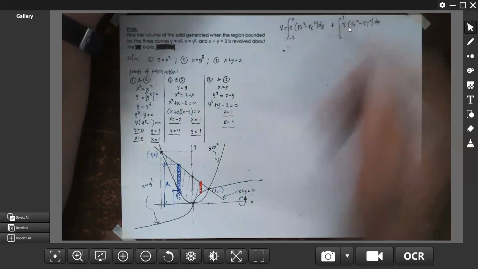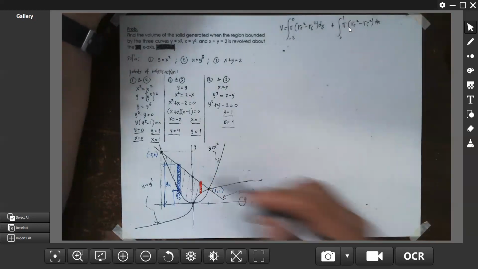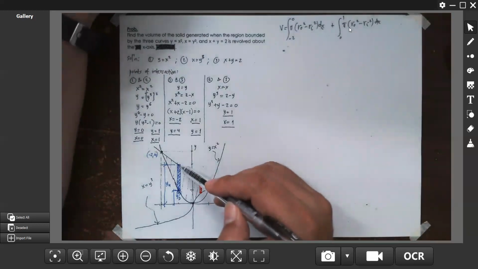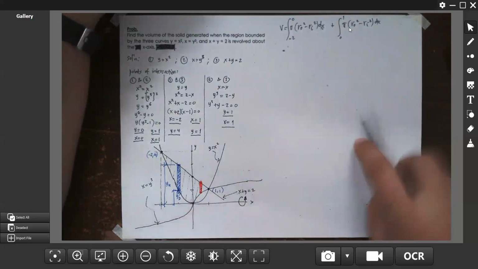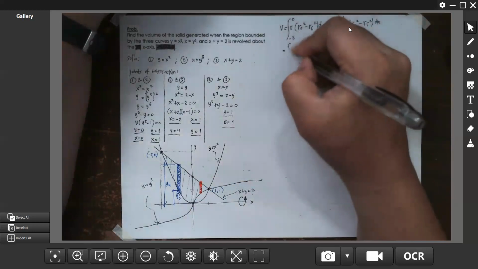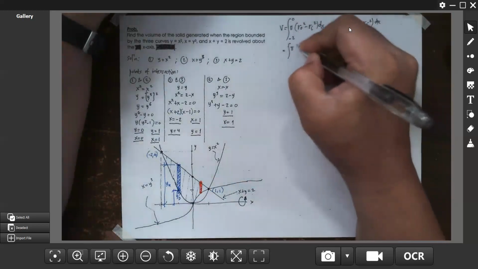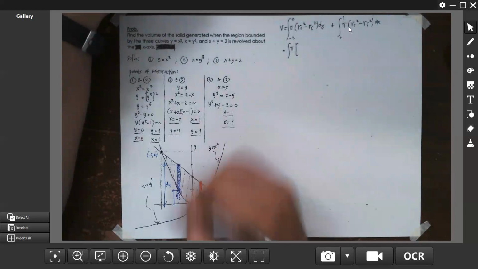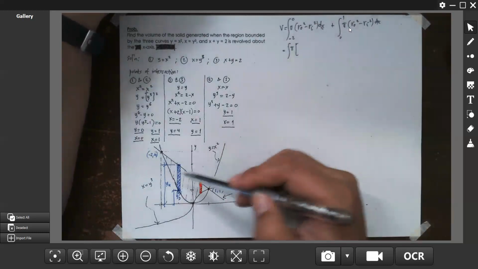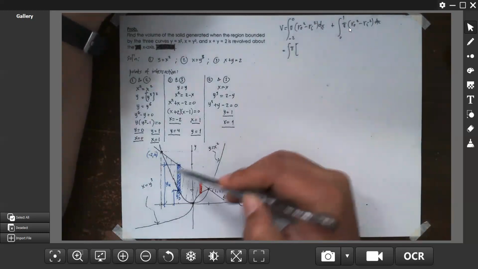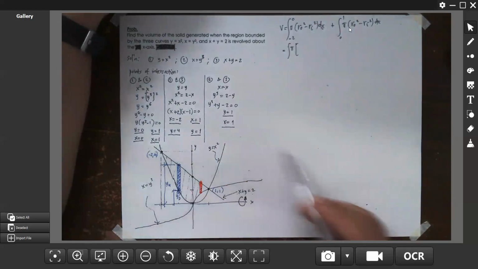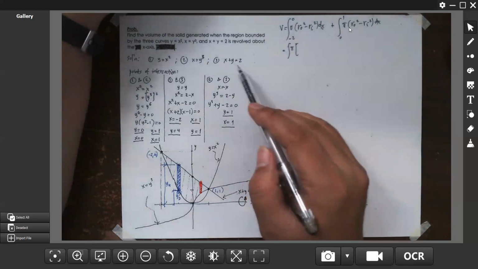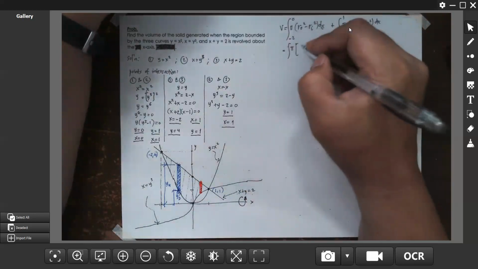So, what's our outer radius? It's simply y up because the x-axis is the center of revolution. So, you'll have this pi. The outer radius is simply y up. And our y up is the line. Solving for y, it's 2 minus x.